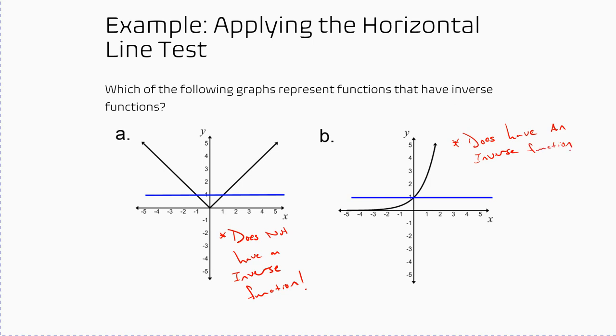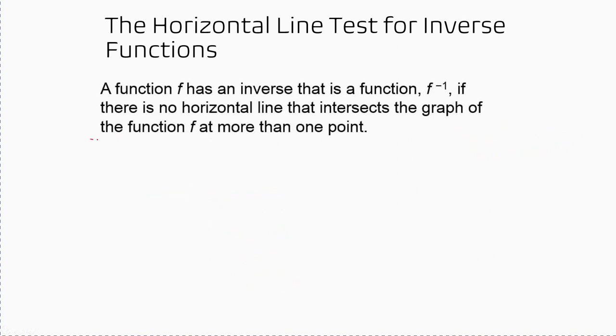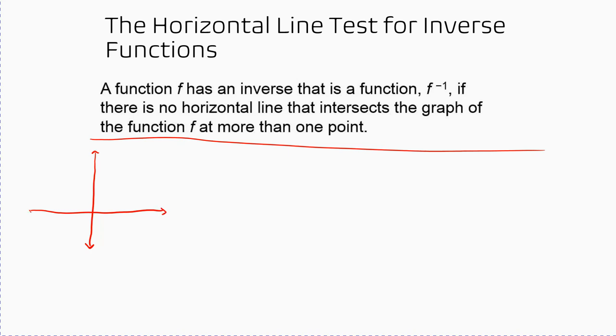Okay, there's one last thing I want to cover here. And I'm going to go back to this slide here. I want to show you a function here. So let's consider this function. f of x is equal to the square root of, let's say, x - 2.